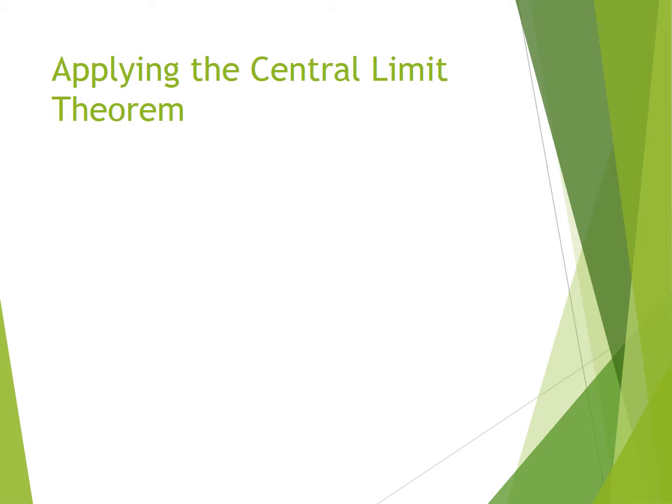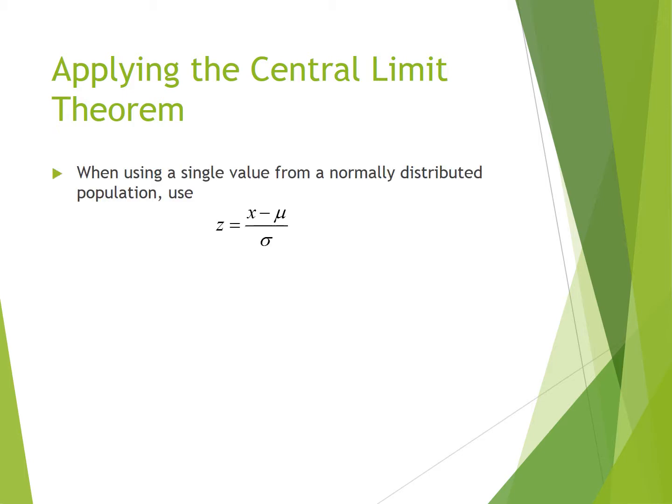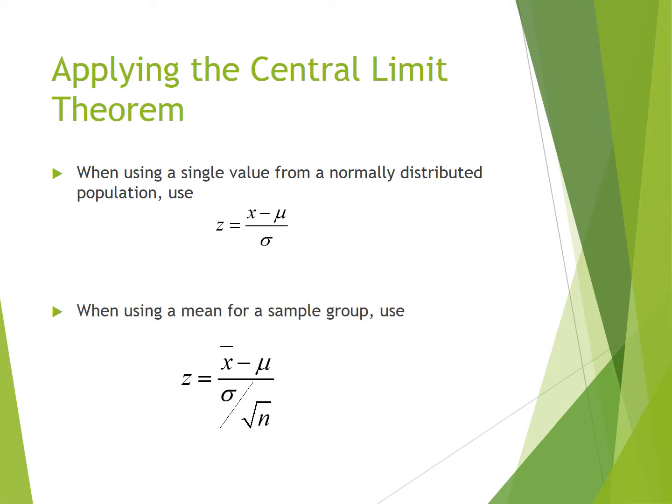So when we did z, it was equal to value minus mean divided by standard deviation. But if we're doing z for a sample mean, it's the sample mean minus the mu of x bar over the sigma of x bar, which remember, mu of x bar is equal to mu, and sigma of x bar is equal to sigma divided by the square root of n.